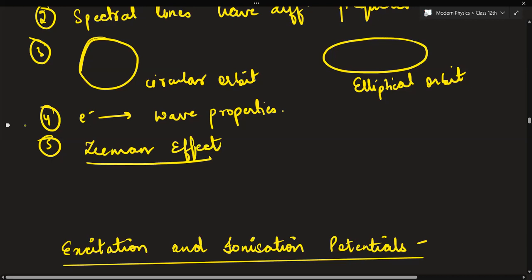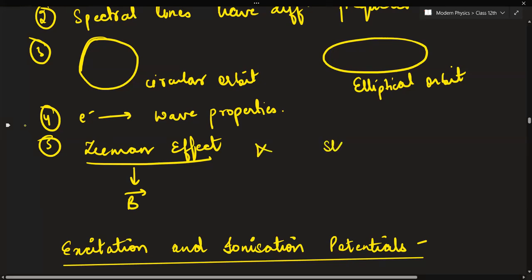So what will happen if the splitting of spectral lines occurs in a magnetic field? The splitting of spectral lines in a magnetic field is known as the Zeeman effect. Bohr's theory didn't explain what will happen if these spectral lines are in a magnetic field. So that became a limitation.